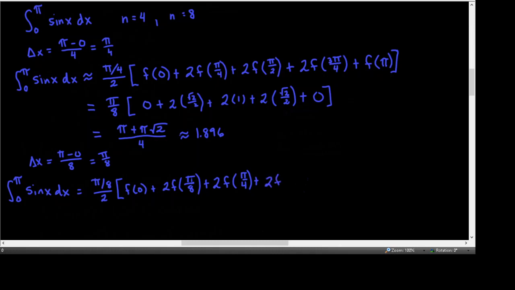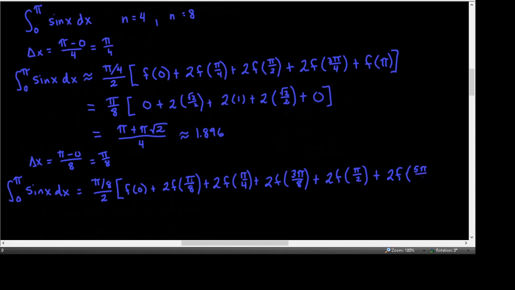Pi over 4 plus pi over 8 is 3 pi over 8. Pi over 8 plus pi over 8 is pi over 2. So we're halfway done, right? Pi over 2 plus pi over 8 is 5 pi over 8.